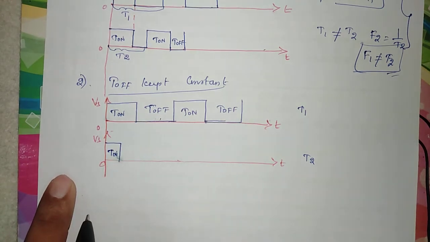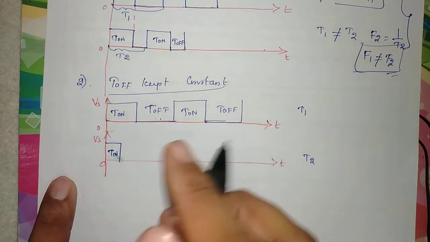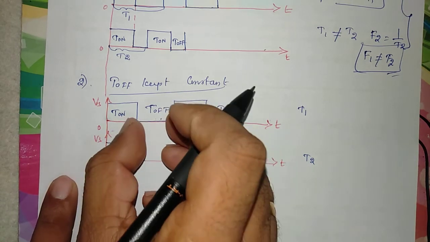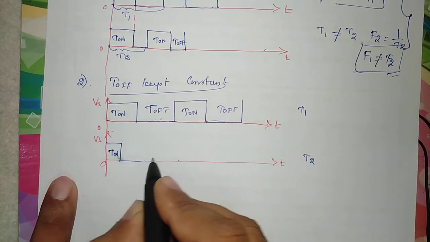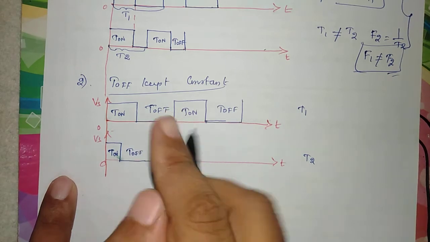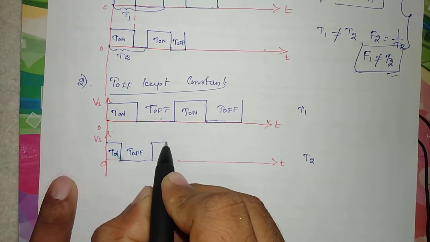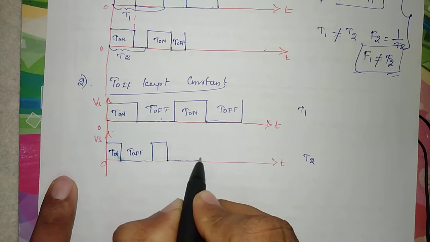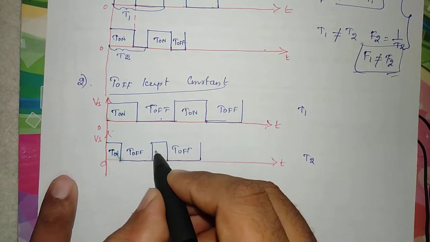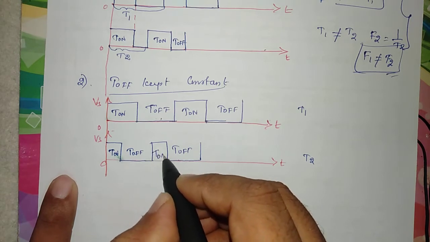Reduce, I am reducing here. On time is getting reduced, off time as it is, as it is, the width should be here. So off time, then remaining on time, then off time. Off time width should not be changed, then only it is a constant off time.